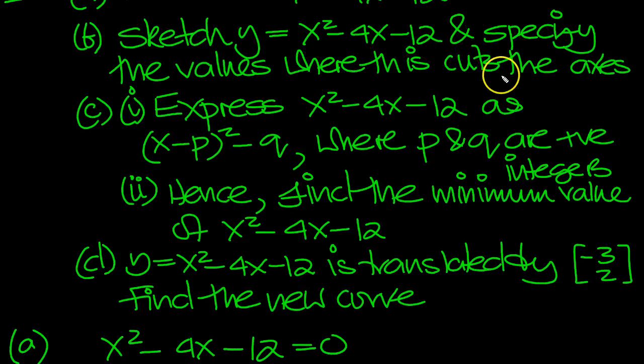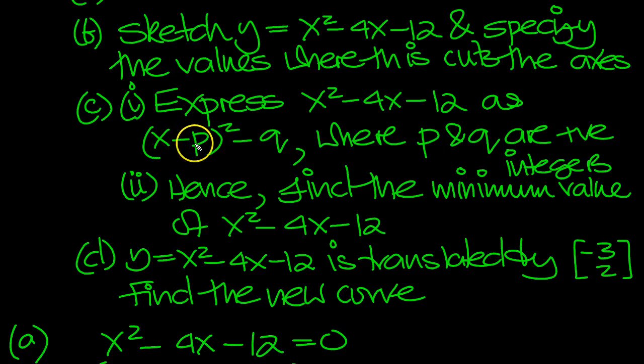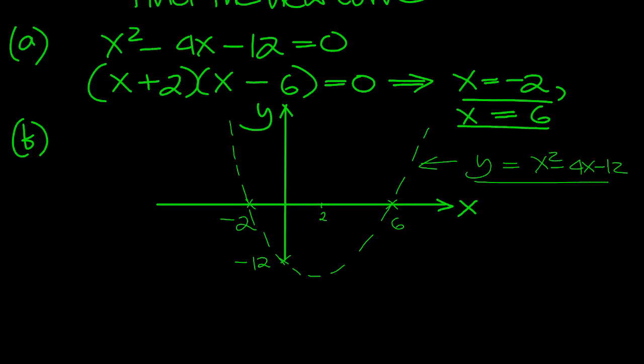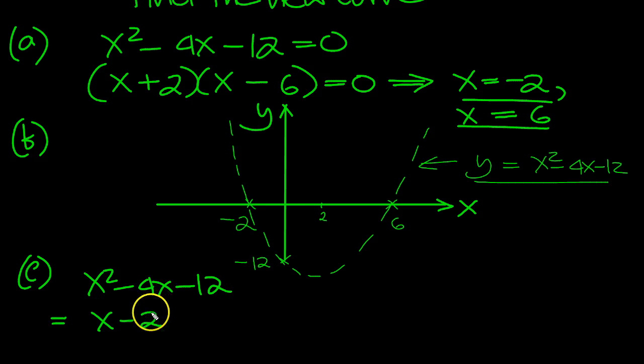Specify the values where this cuts the axis, which we've done. Express this, complete the square here, where p and q are positive integers. We've got x minus p squared minus q. Okay, so let's complete the square then for part C. So x squared minus 4x minus 12 is equal to, well, we'll do x minus 2, just halve this, and then square that.